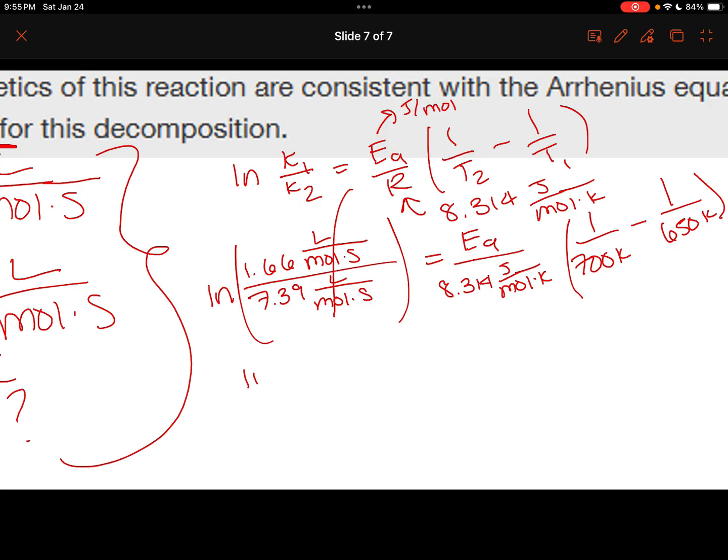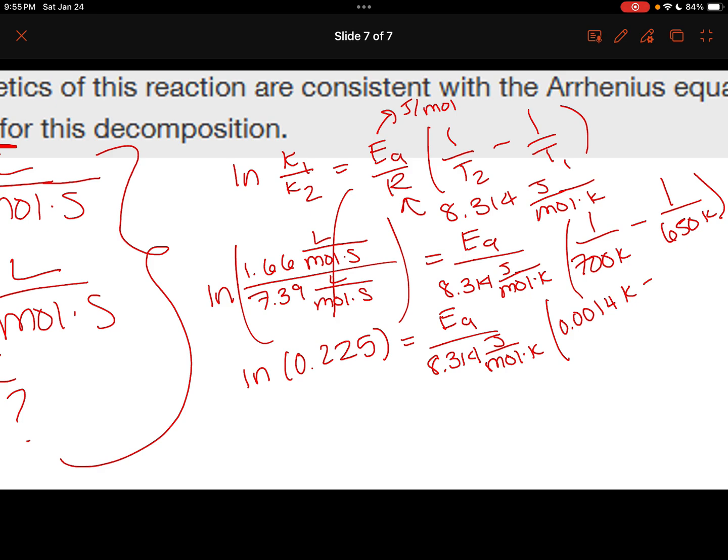So now that becomes this, this stays the same. This becomes 0.0014 Kelvin minus 0.0015 Kelvin.